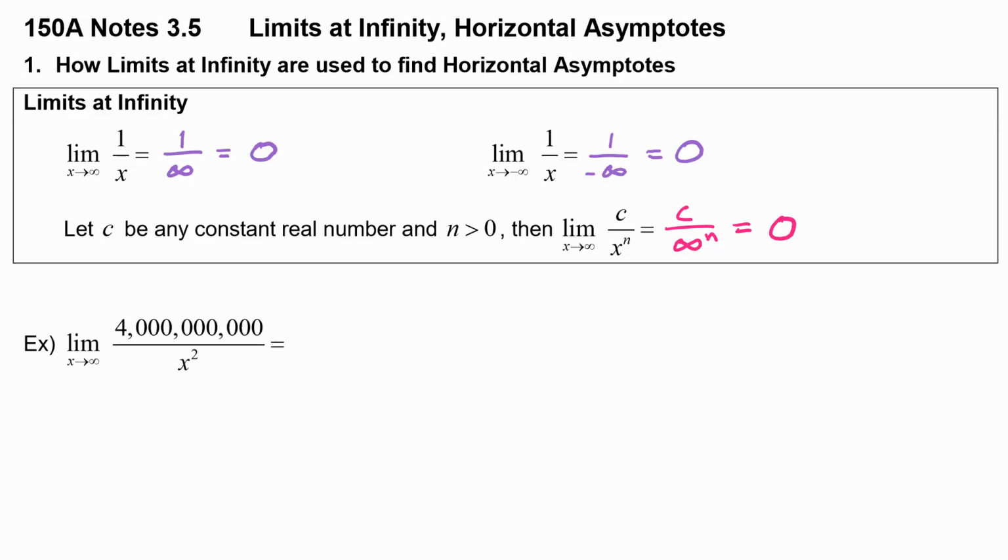So if we apply that now to this example right here, we have the limit as x goes to infinity of 4 billion over x squared. So we've got 4 billion over infinity squared.